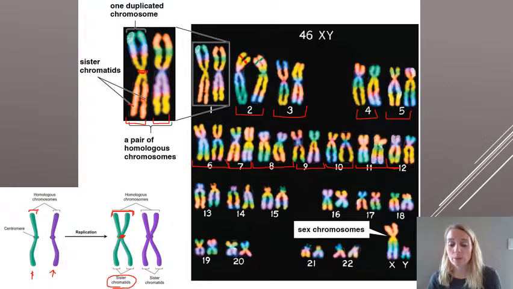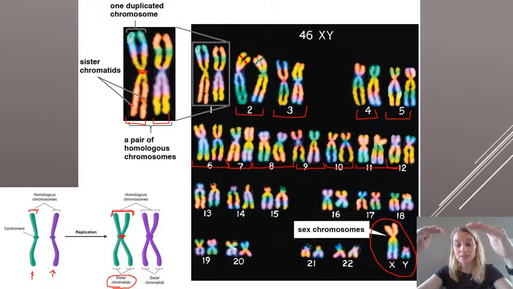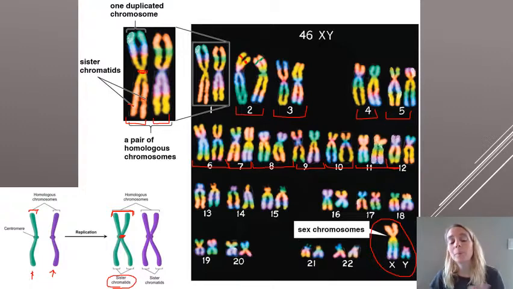So I wanted to talk a little bit about these down here in the corner. These are called our sex chromosomes. Usually homologous chromosomes, by definition, have the same genes. I just told you that with the example of chromosome number 2. But your sex chromosomes aren't always homologous. This is a karyotype of a typical male.